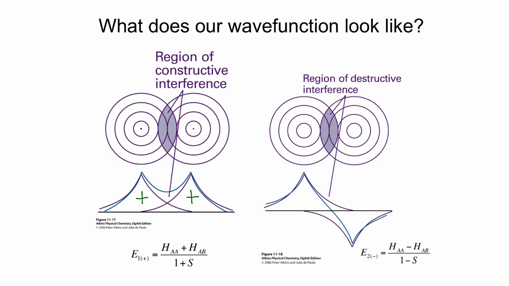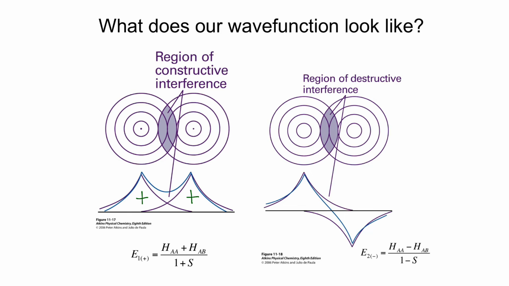That results in overlap in that region that we discussed earlier. That would be representative of the S overlap if you're thinking about the equations. So this S is going to be a positive value.